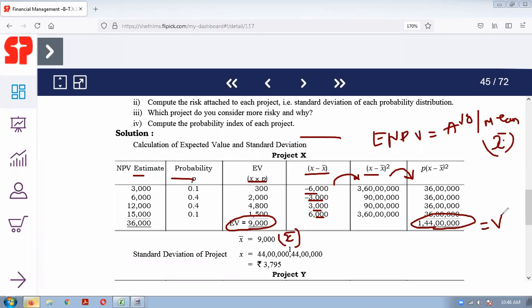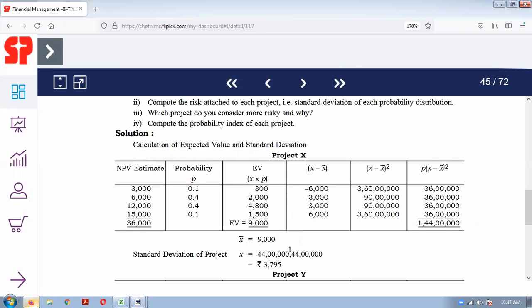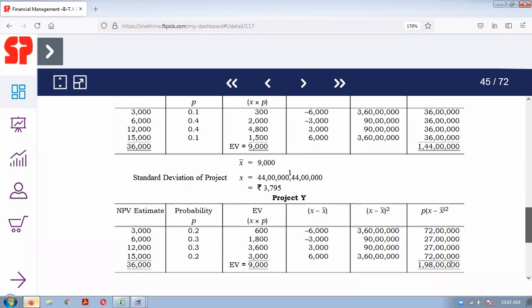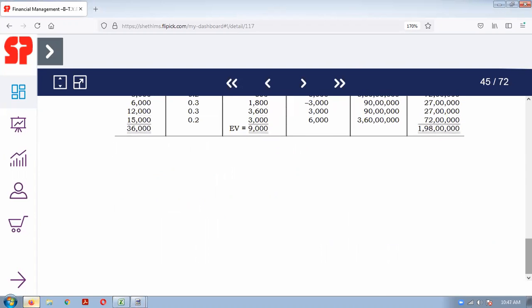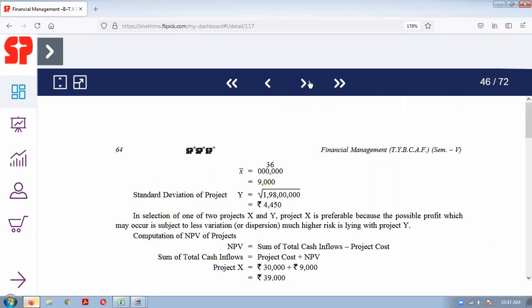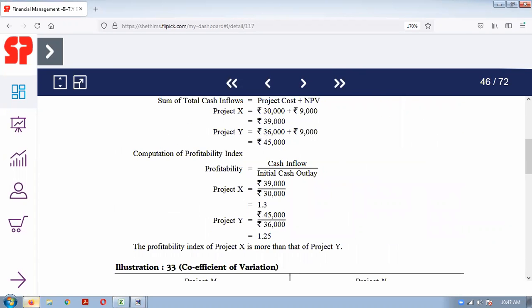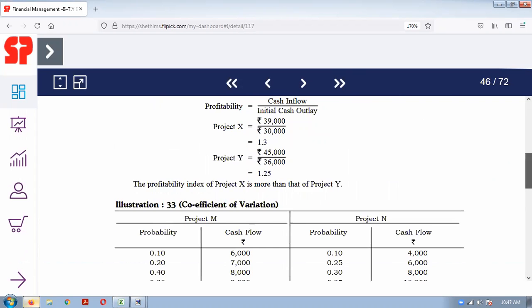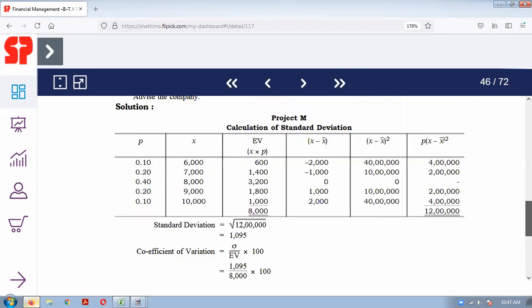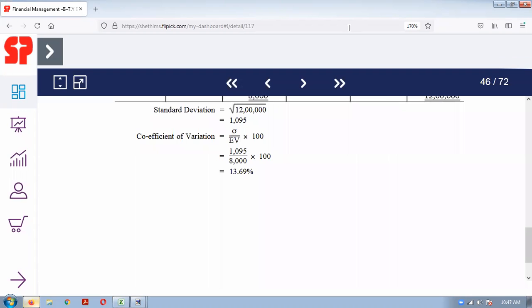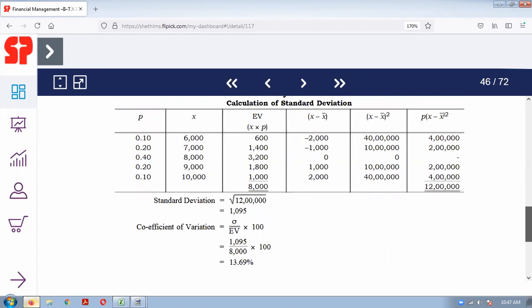Square root of variance will be standard deviation. So similarly, for project Y also you can calculate the variance and standard deviation. Clear? This is similar to the sum we have already discussed. While selecting the project, we will select those projects which have the low standard deviation. Clear this much, everybody?